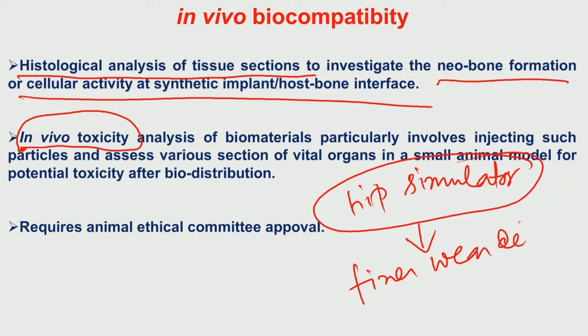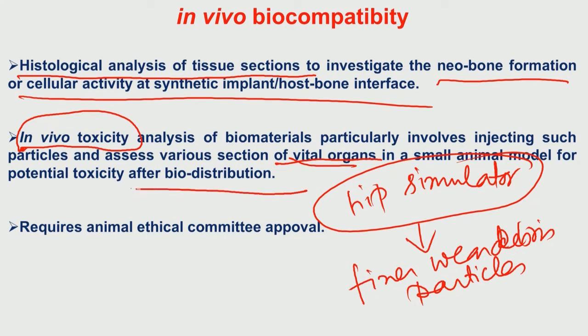Finer wear debris particles are essentially generated because of the continuous friction and wear at the interface. Now, when these wear debris particles are transported to different tissue structures or different organs, they can cause toxicity of those vital organs, and this potential toxicity after biodistribution needs to be evaluated.